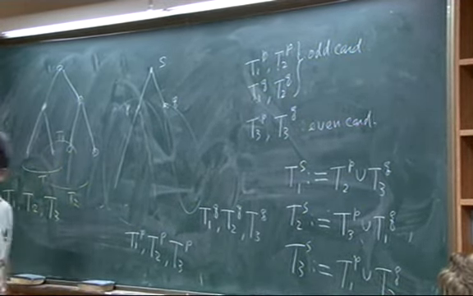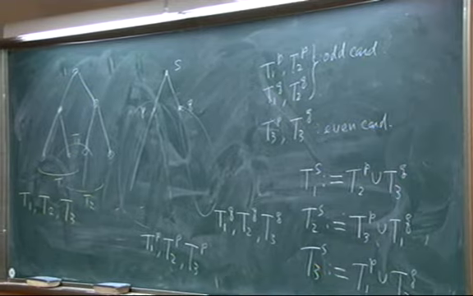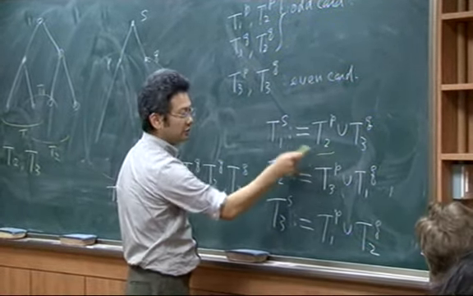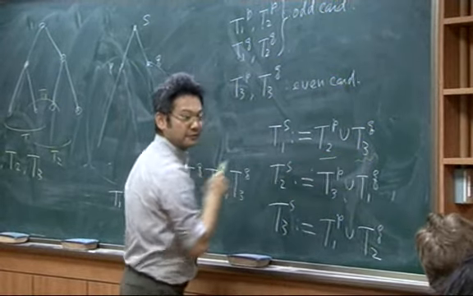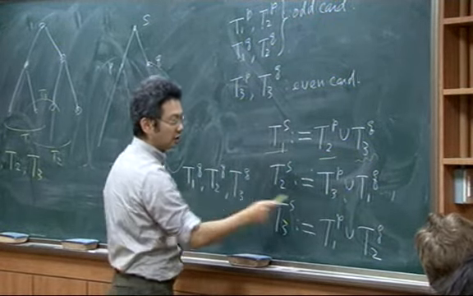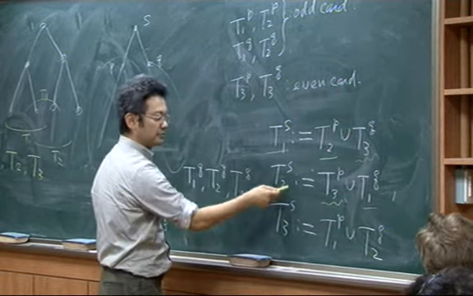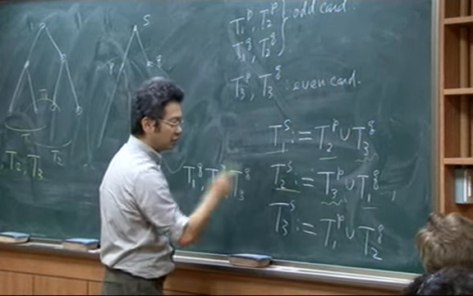This way, this is odd, this is odd, this is even, so therefore this is odd. This is even, this is odd, therefore this is odd.